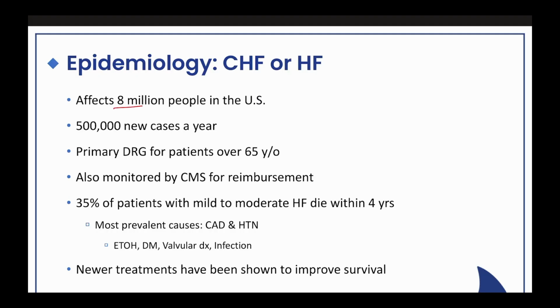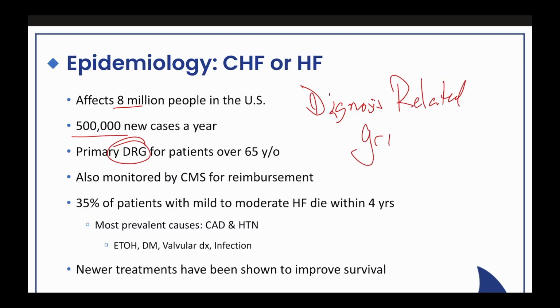Epidemiology: 8 million people, 500,000 new cases a year. Primary DRG. DRG is a diagnosis related group. It's a coding term, if any of you worked in billing before.